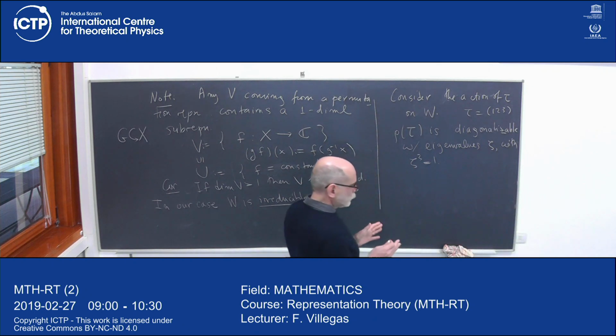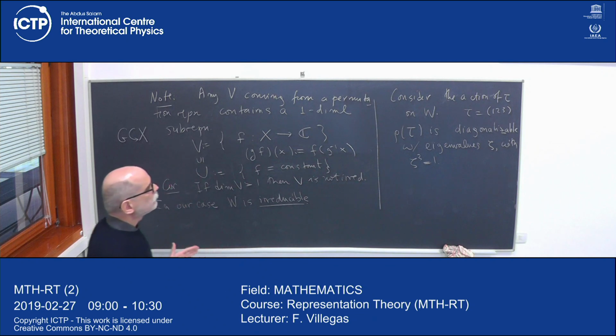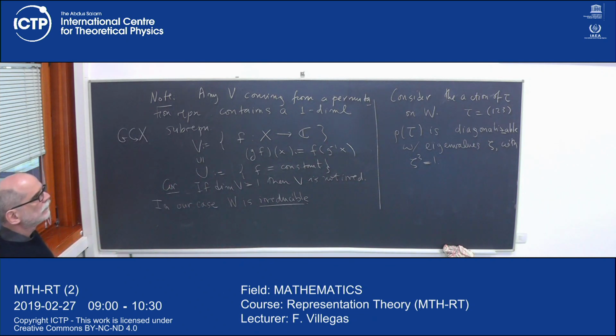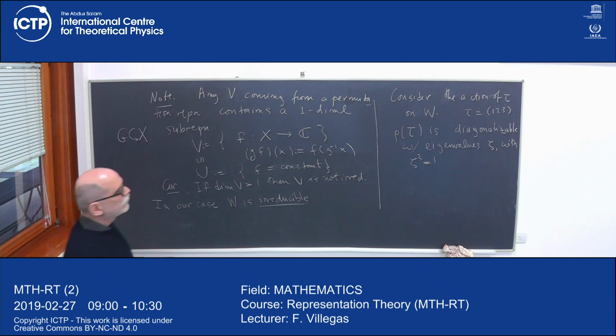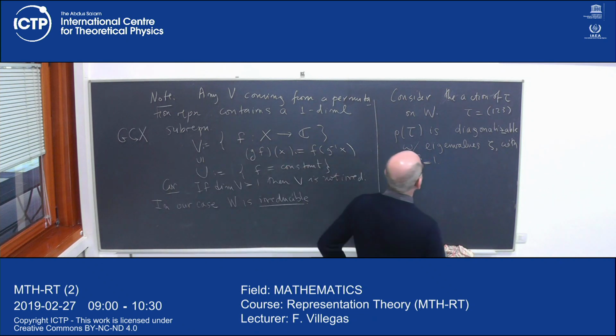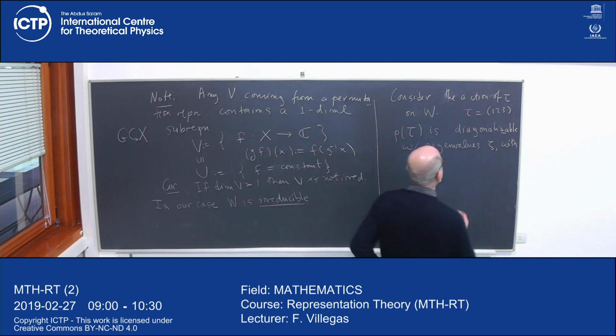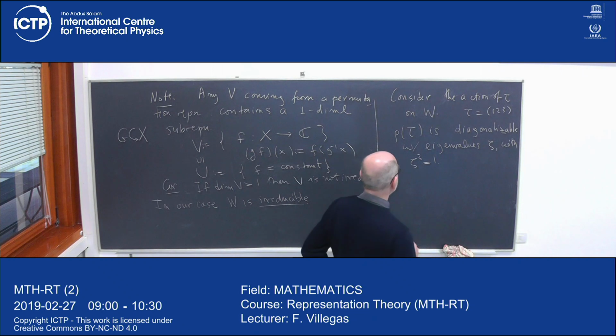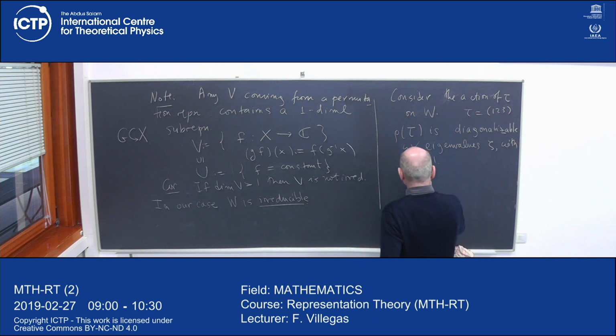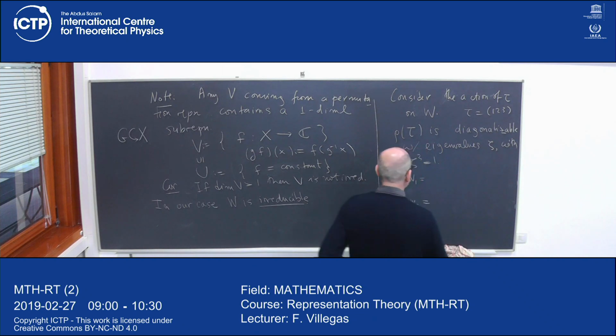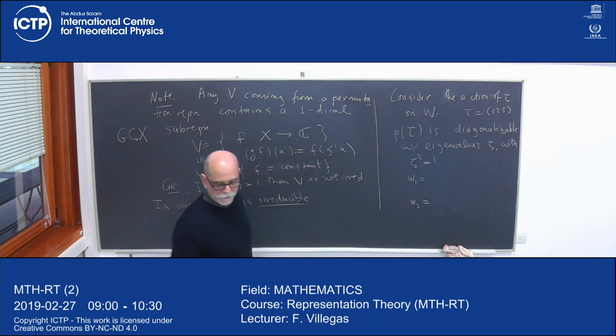So W will break up into two lines by the action of tau that are eigenvectors for tau. So can you tell me two eigenvectors of tau on W?